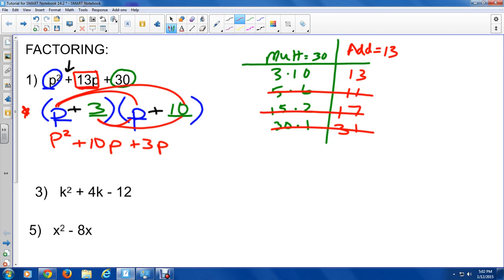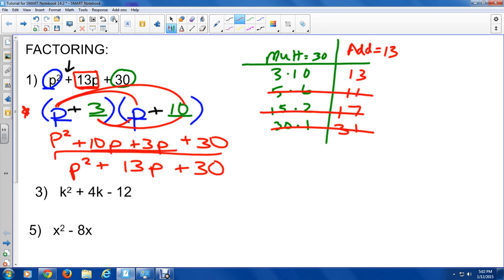Last, 3 times 10, giving me 30. Notice that the middle two terms are like terms, and therefore they can be combined. 10p plus 3p is 13p: p squared plus 13p plus 30. That is exactly what we started with at the beginning, our problem. So you should always be able to check your work just by multiplying back through.